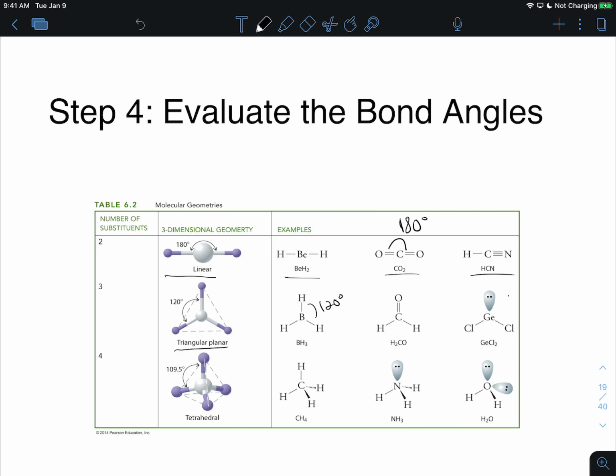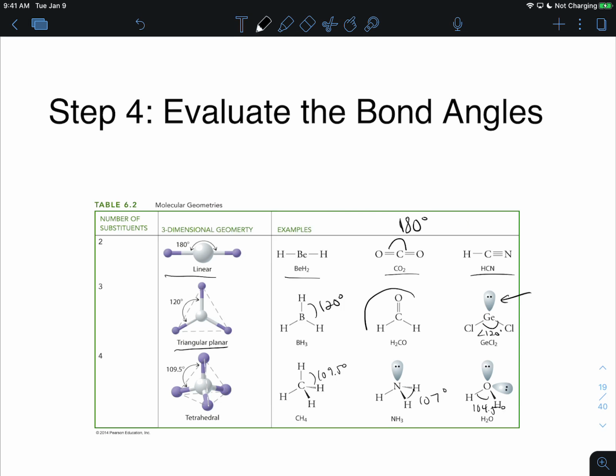This one right here has a non-bonding domain, so this is going to be less than 120 degrees. And then we have our tetrahedral at 109.5 for 0 non-bonding domains, 107 for 1 non-bonding domain, and 104.5 for 2 non-bonding domains.